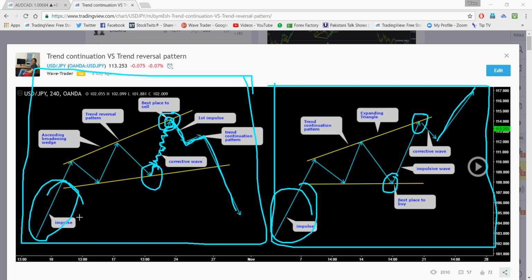The previous trend is about to end and reverse into the other direction. So this part is really important.